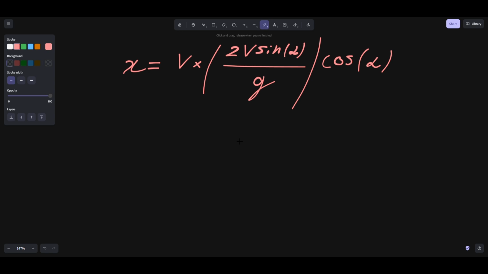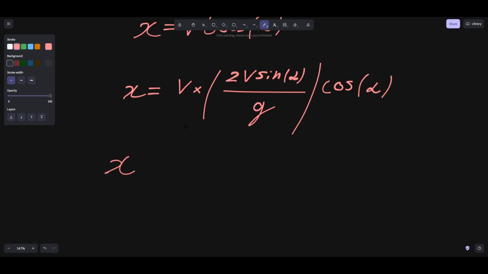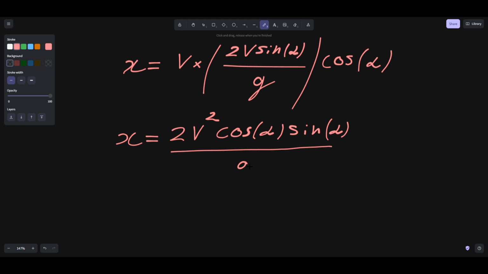And we're basically there already, actually. x max, actually x, just x for now, x equals 2v squared cosine alpha sine alpha over g.